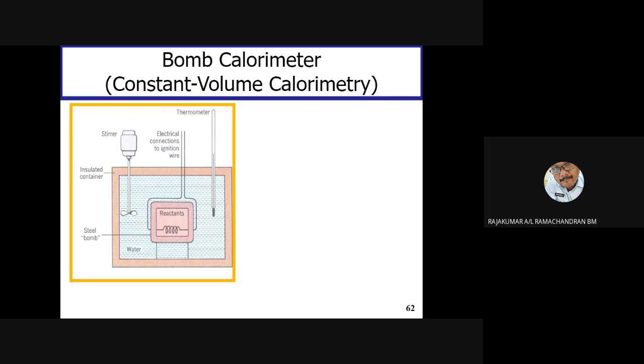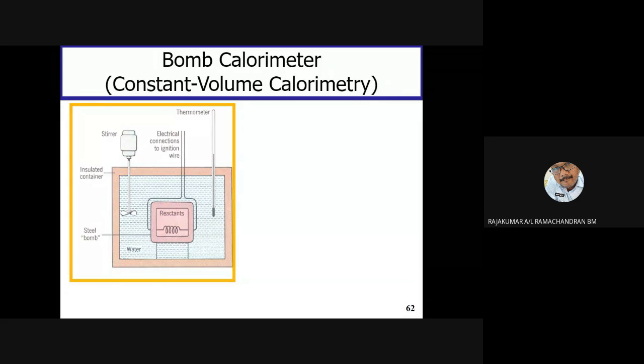When no heat loss to surroundings, Q system sama dengan kosong, maka Q reaction, rxn is short for reaction, saya akan gunakan abbreviation. Q reaction equals negative Q calorimeter plus Q water. Okay, so ini adalah formula untuk bomb calorimeter. That is the formula for bomb calorimeter.